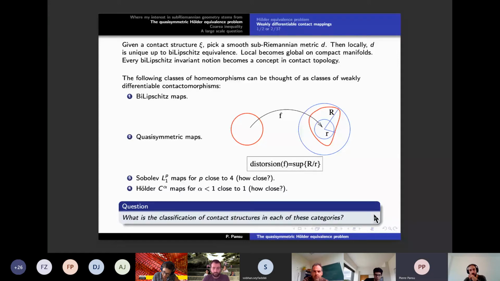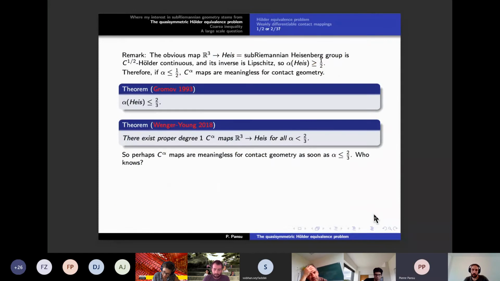So what does Gromov say about the Hölder case? He states that the Hölder exponent of, let's say, the Heisenberg group of a contact 3-manifold is at least a half.